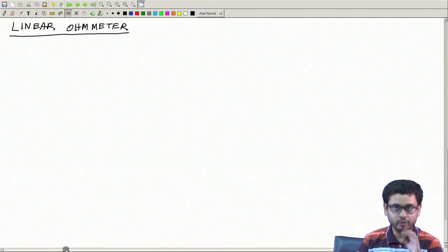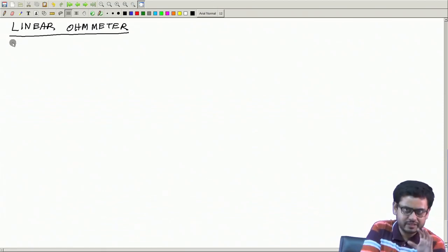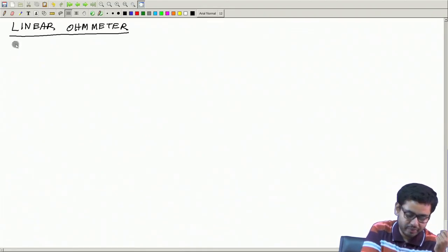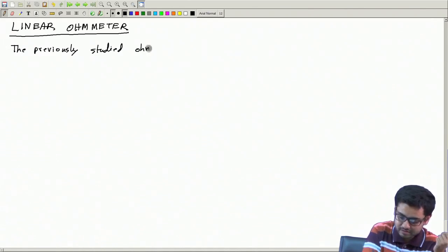Okay, so the one that we are talking about now is a linear ohm meter. Before coming to that, let me briefly talk about a normal, that means non-linear ohm meter. The previously studied ohm meter looks like this.